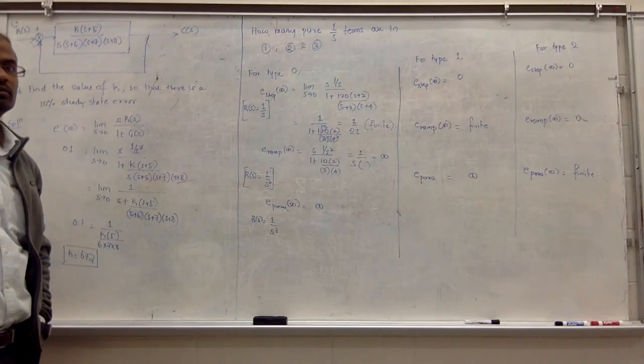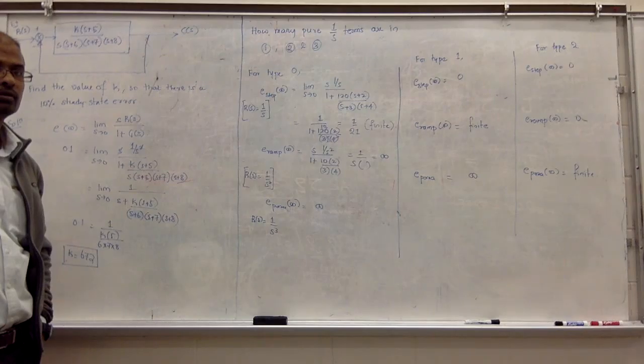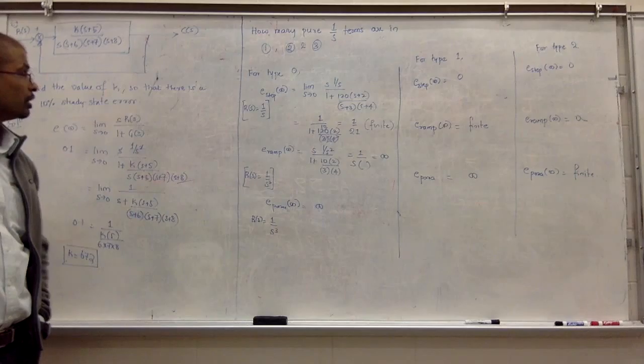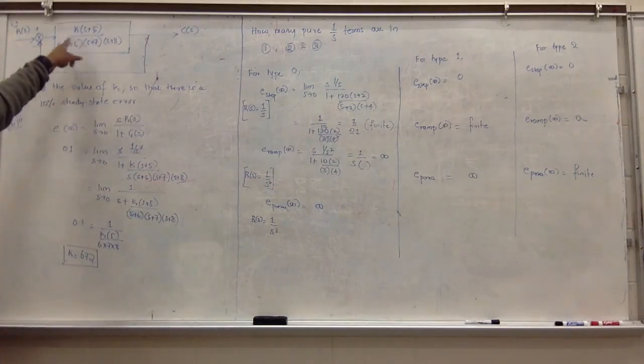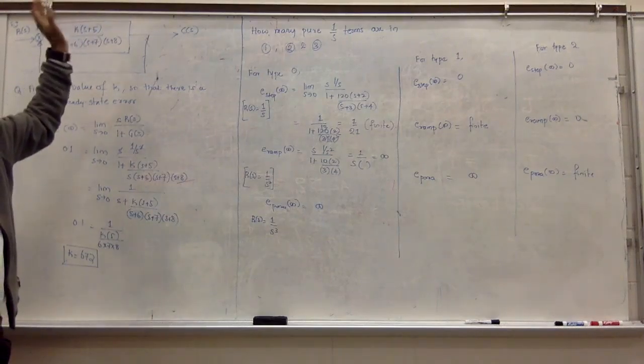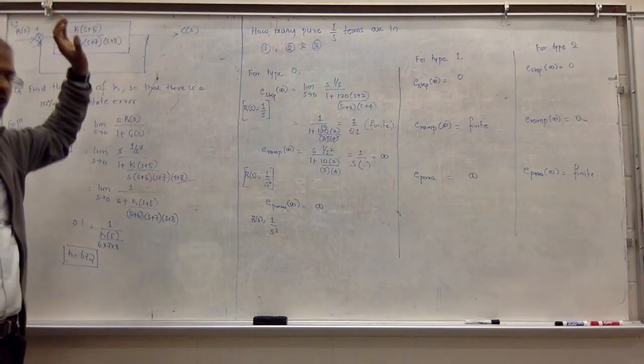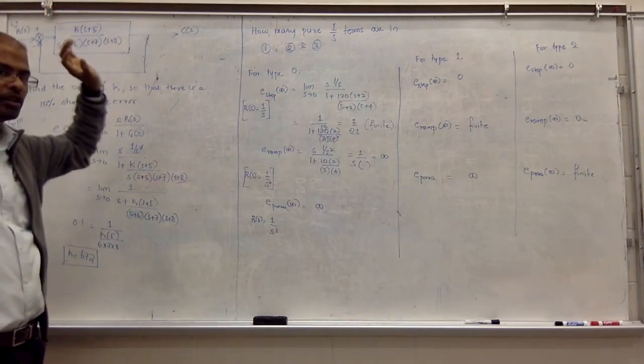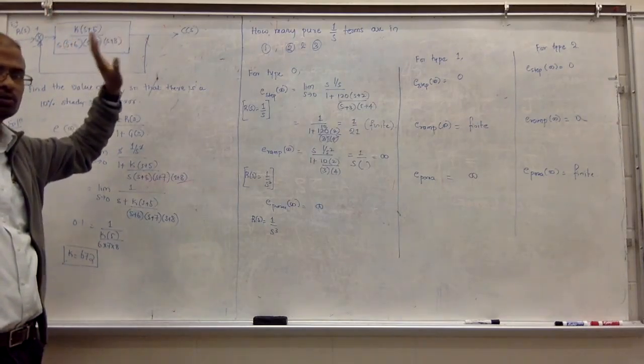Regardless of what the poles and zeros are of the system, if the system type is type 1, for any type 1 system, the steady state error for a step input is 0.